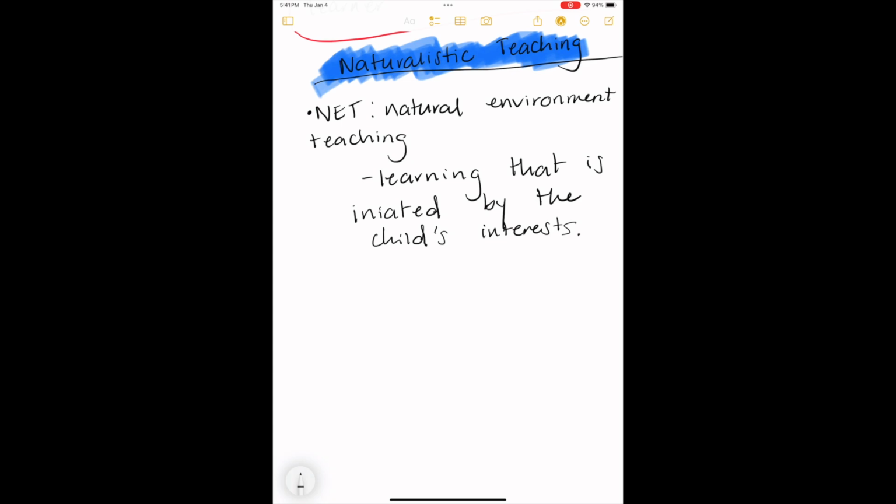And as they're playing with the doll, maybe they're reaching for something, right? Maybe they want the doll and they're pointing to it.